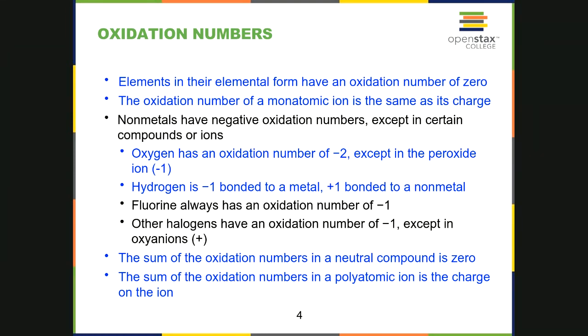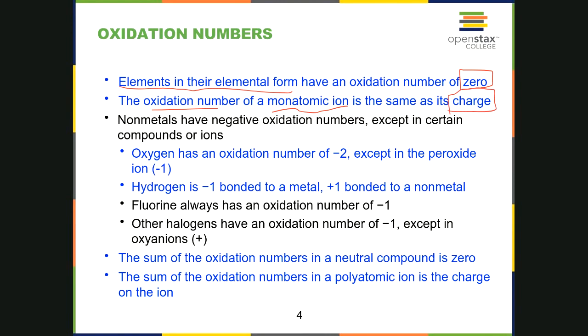First thing is elements that are in their elemental form, their oxidation number is always going to be 0. Oxidation number of a single atom ion, Na+, Cl-, stuff like that, is the same as its charge.